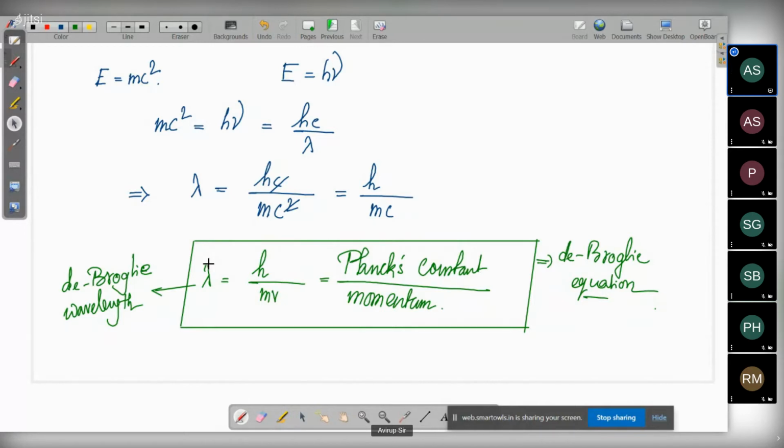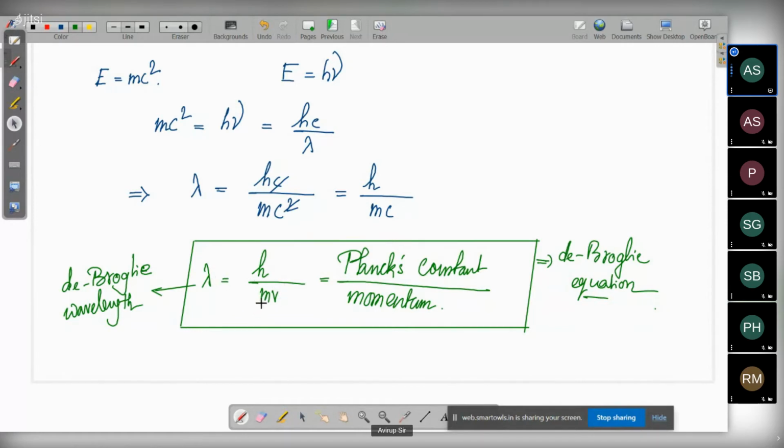But when the objects become very small, that is microscopic objects, subatomic particles like electrons, protons, all these things, then their mass decreases. Like for an electron, the mass is 9.1 into 10 to the power of minus 31. So the mass decreases hugely. Because the mass decreases, the value of lambda will become very prominent, because lambda is inversely proportional to mass.